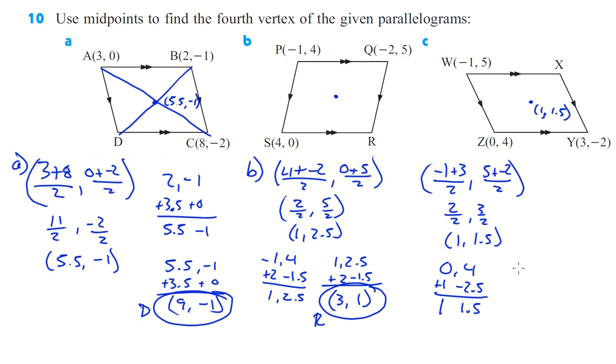So then we go to the midpoint, 1 and 1.5, and then we got to add this 1 here, and then subtract 2.5 here to get to this X endpoint here. So that's going to be 2, and then 1.5 minus 2.5 is negative 1. So point X is at 2, negative 1.